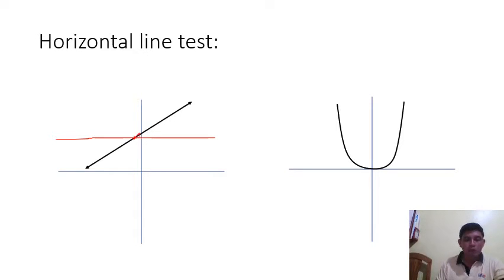So if the horizontal line intersects the graph only once, this means that the graph is a one-to-one function. But if the horizontal line intersects the graph more than once, as in this graph where it intersects the graph twice, that means this is not a one-to-one function. So if it is not a one-to-one function, it doesn't have an inverse function.